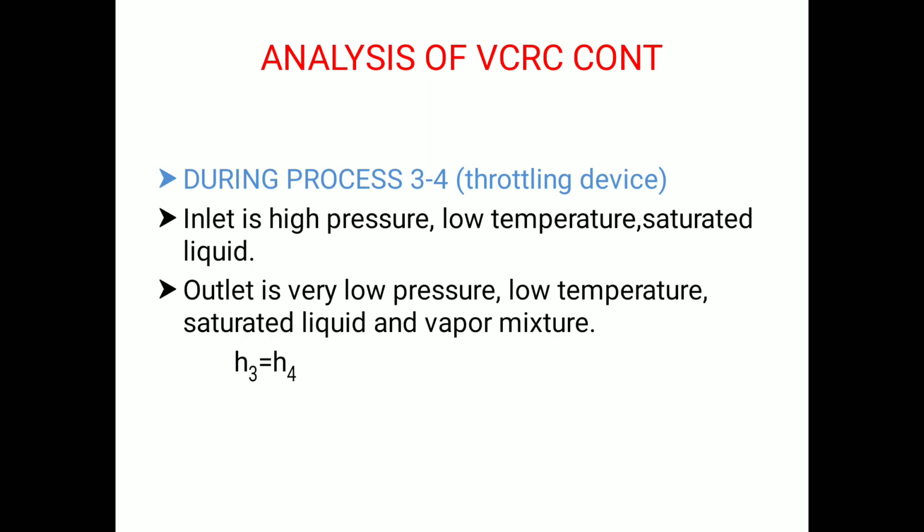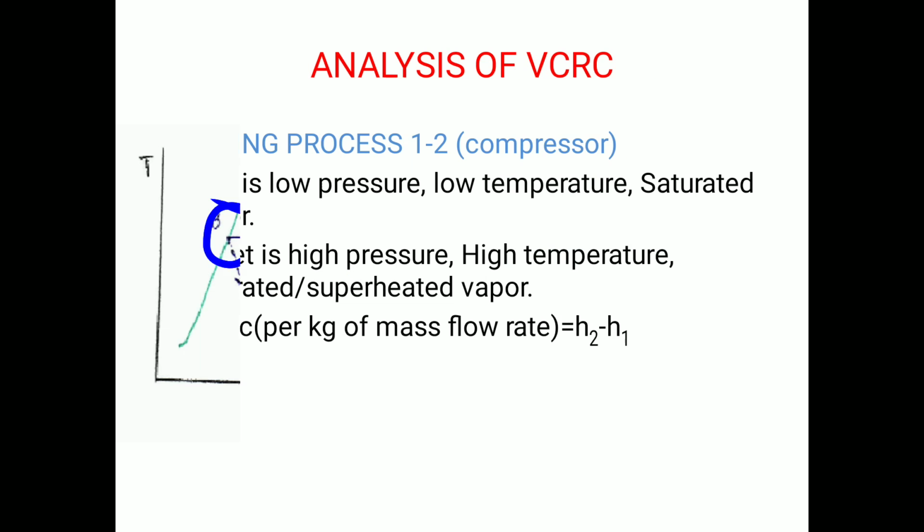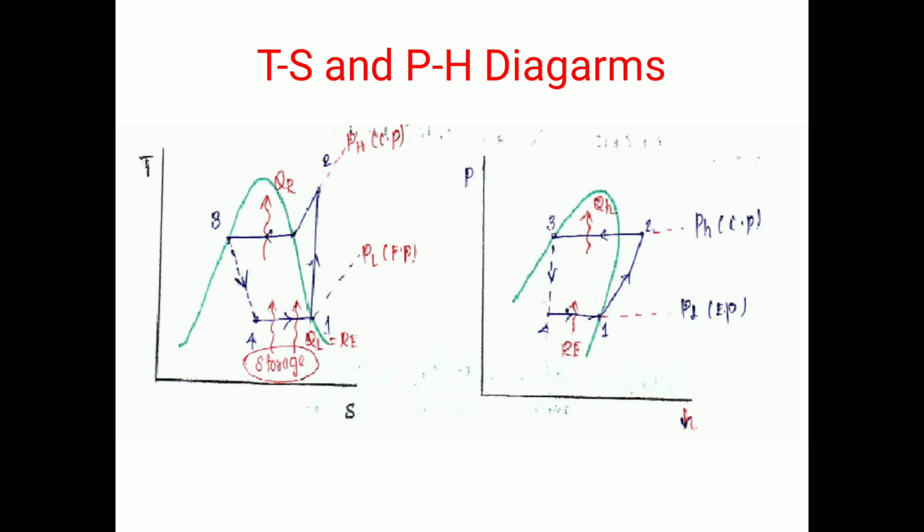The inlet is high pressure, low temperature, saturated liquid. This is the outlet condition of the condenser, which is the inlet condition to the throttling device. So if you see from the TS diagram, point 3 is the inlet point to the throttling device, at high pressure, low temperature, on the saturated liquid line.